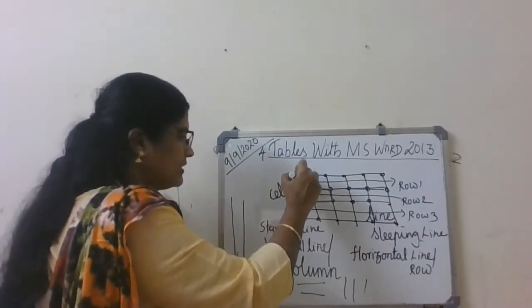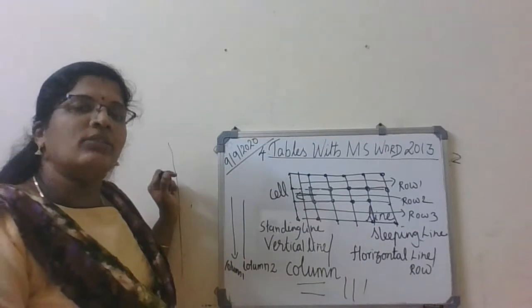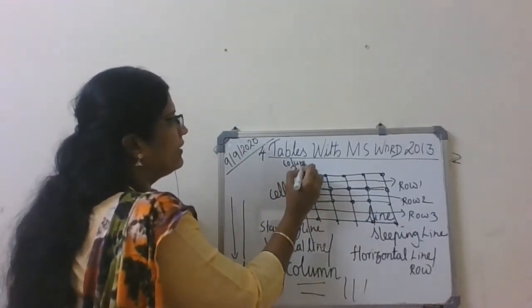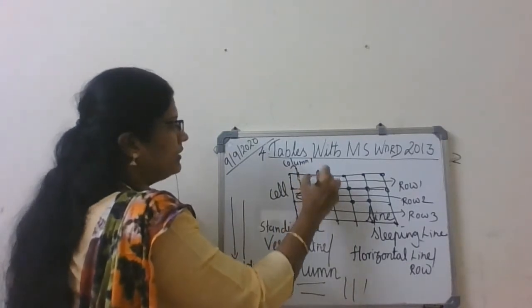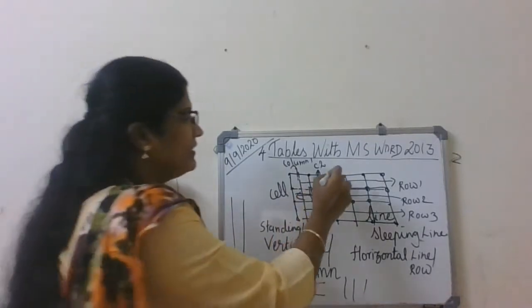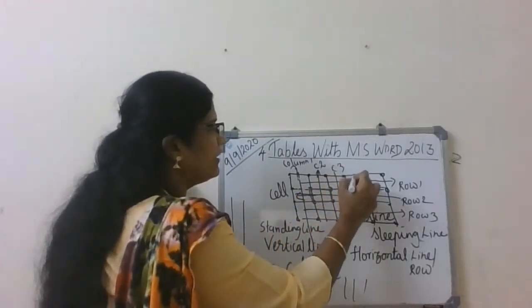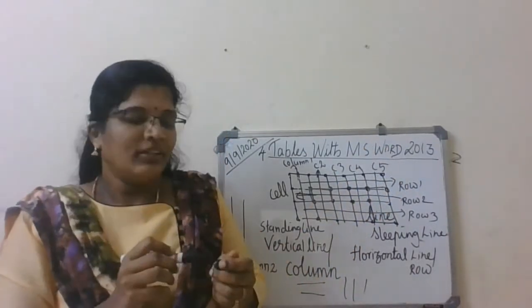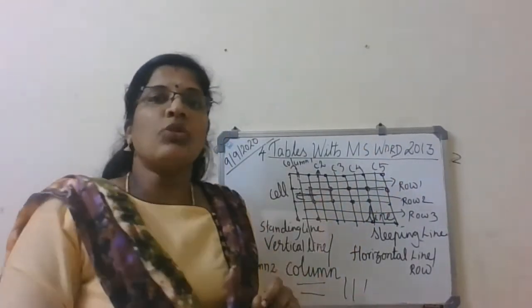Then these are vertical lines or columns. So this is column 1. This one is column 2. And this one is column 3. This is column 4. This is column 5. Clear?